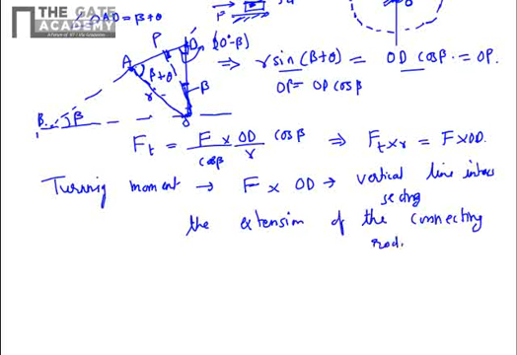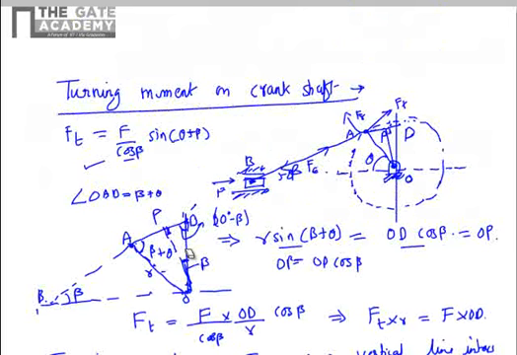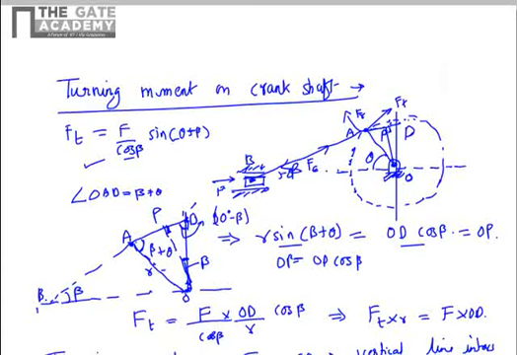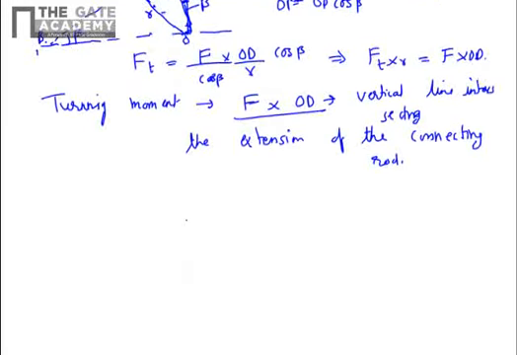So it's a simple expression where you don't need trigonometric quantities. You draw a vertical line from the crank, vertical to the horizontal axis, and you extend the connecting rod wherever they intersect. That point is D. Calculate OD and multiply with F, and you can get the turning moment.